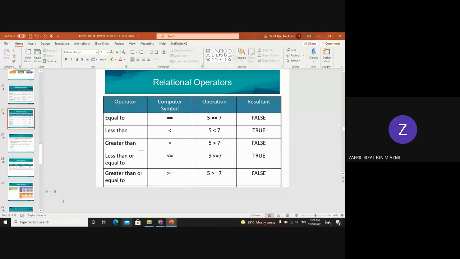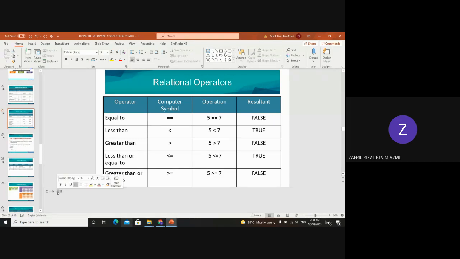So where is true going to be stored, class? In C. So A is 1, B is 1, so the answer is true, and true will be stored inside C. So you know the difference between single equal and double equal.